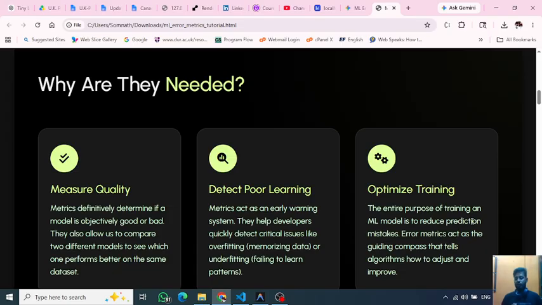You can adjust your different parameters to reduce the error. So you can decide how to optimize your training based on your error metric.